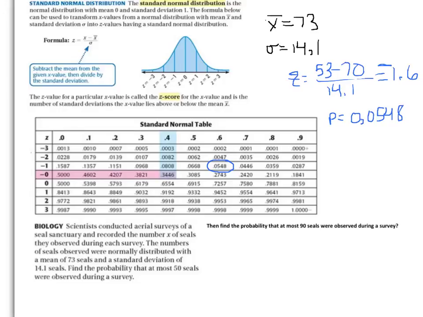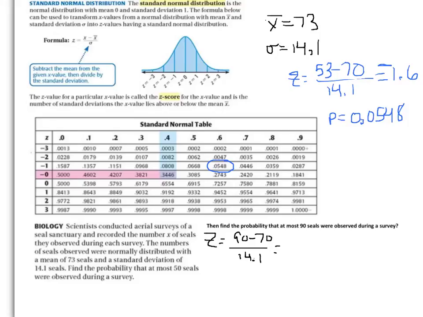So you guys press pause, try to find the answer to the next one here. Try to find the answer to this question here. So hopefully you press pause. So we go z equals 90 minus 73 over 14.1.